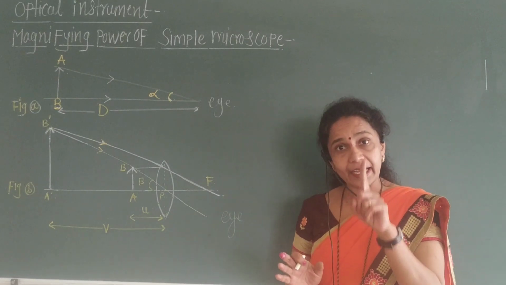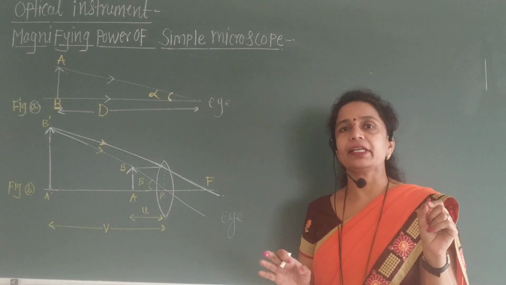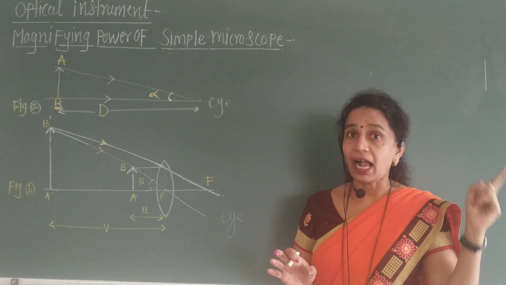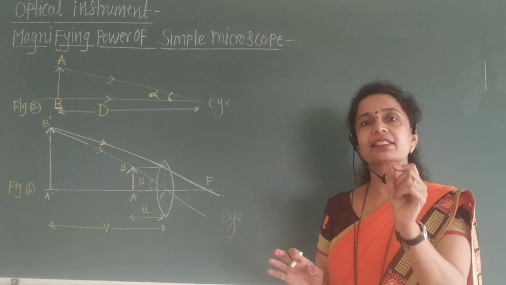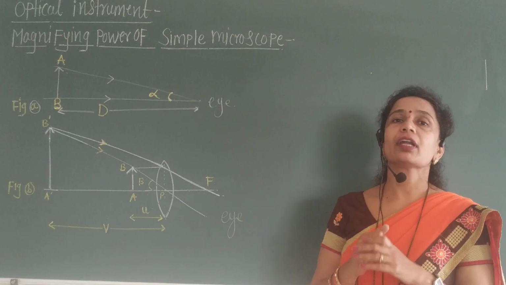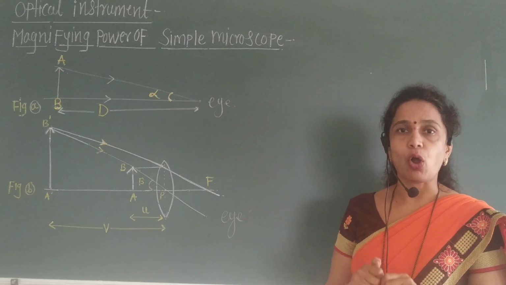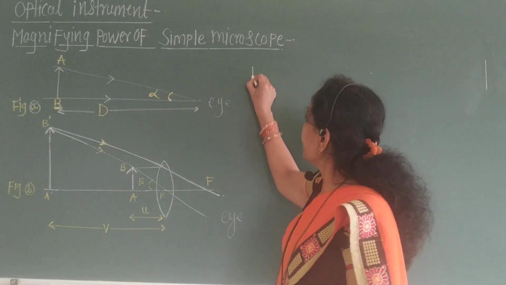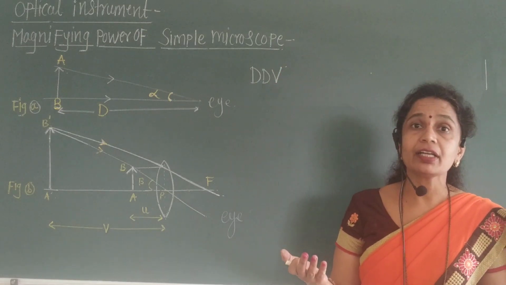Therefore, there exists a least distance of the object from the eye at which the object can be seen clearly without straining our eyes. This distance is called DDV. What is DDV?